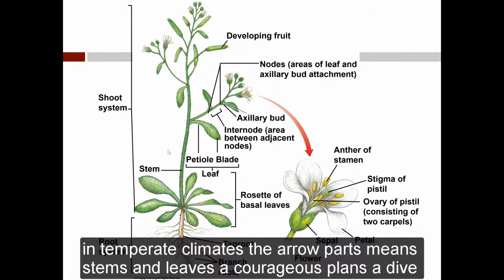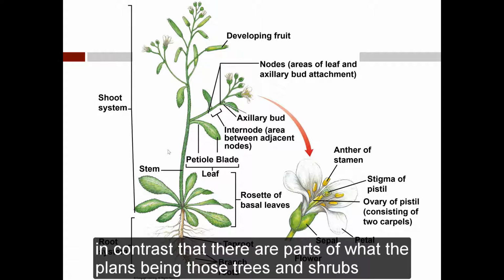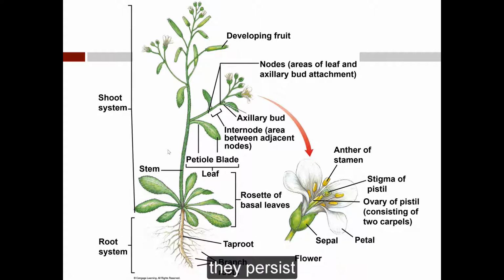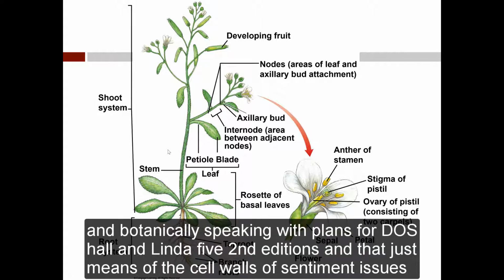In temperate climates, the aerial parts, meaning the stems and leaves of herbaceous plants, die back to the ground at the end of the growing season. In contrast, the aerial parts of woody plants, being those trees and shrubs, persist. So I would say that those have secondary growth. Botanically speaking, woody plants produce hard, lignified secondary tissues.